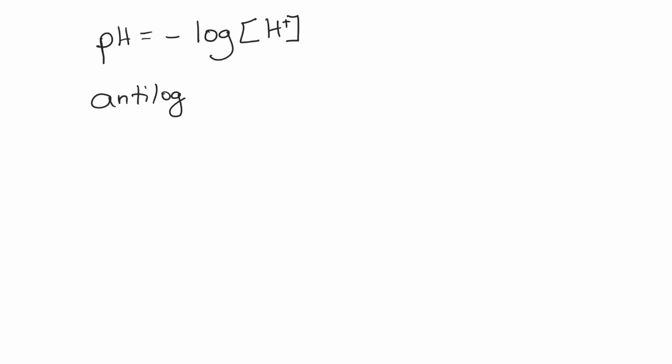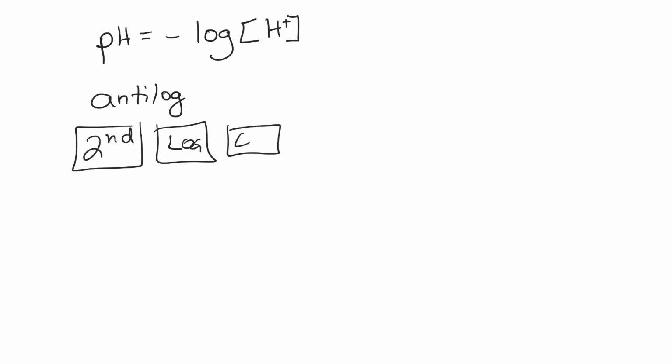In the school calculators, the way you do the anti-log is you would do second, that's the button, log of negative, and then whatever your pH is. So the antilog is also 10 to the x, where x is your pH.